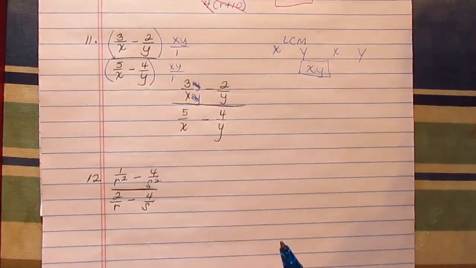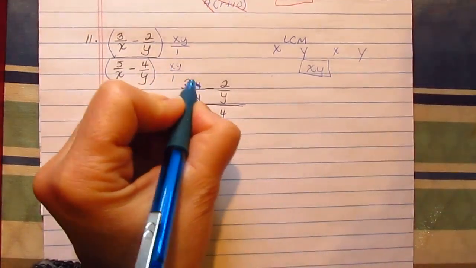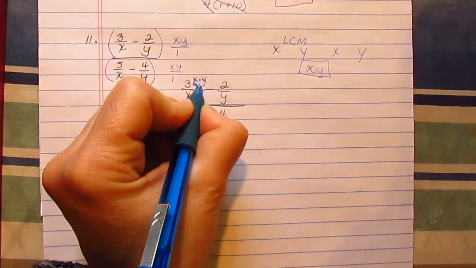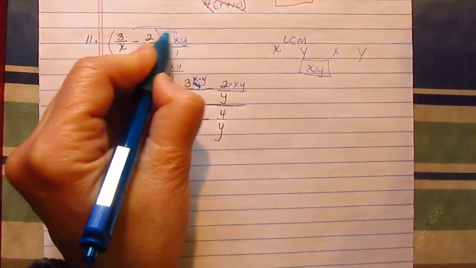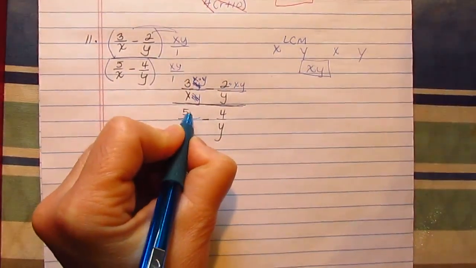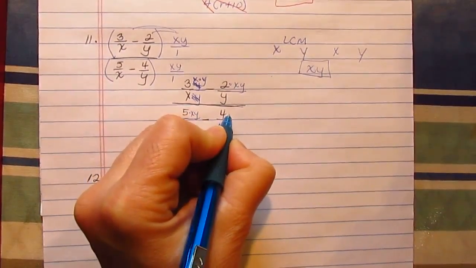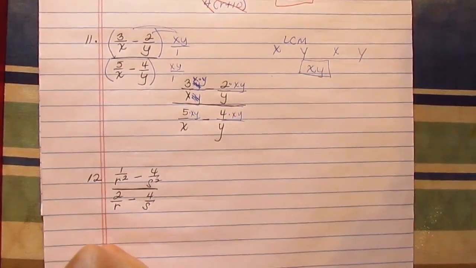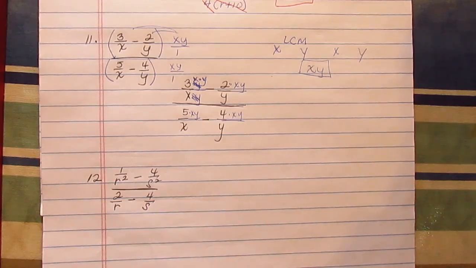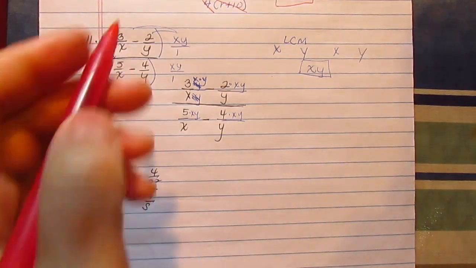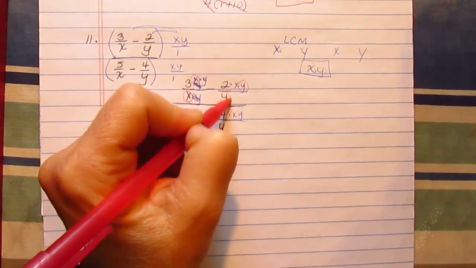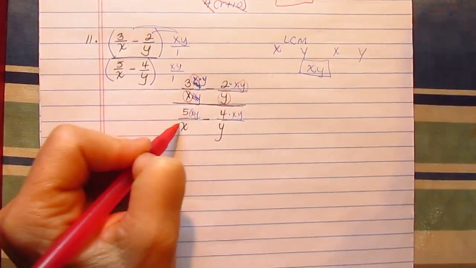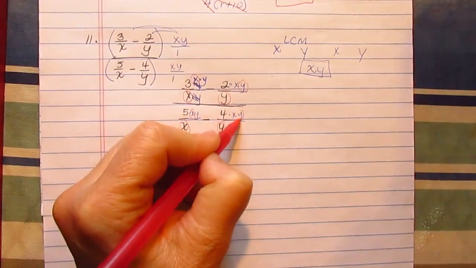So 3 gets multiplied by xy, 2 gets multiplied by xy because I'm distributing, 5 gets multiplied by xy, and 4 gets multiplied by xy. Everybody got multiplied by xy. Now what's happening here is those cancel, those cancel, those cancel, and these cancel.